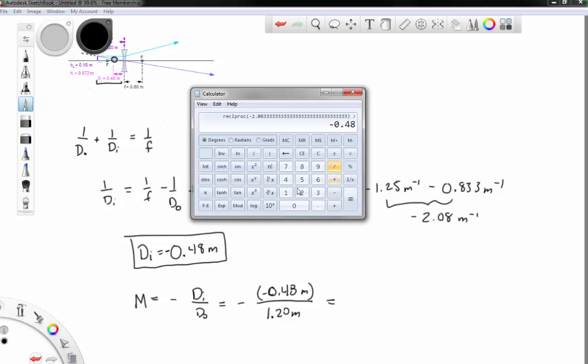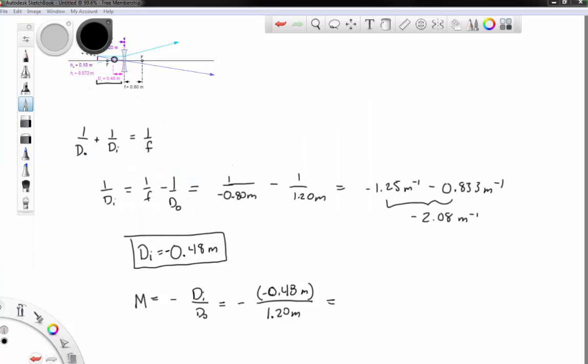So divide by 1.2 and then get a negative of that is 0.4. So the magnification is 0.40. It's positive, so that means that this is going to be upright, and this fact means that it's going to be smaller.